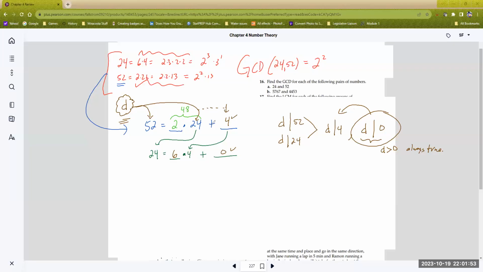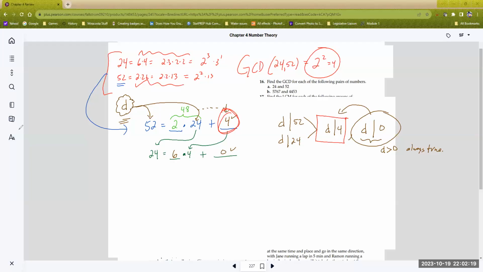This is the first one that may not always be true, but what I need is my number to divide 4, and that is why our common divisor is 4. So really, it's the remaining piece you have left over, the first remainder before 0, and that's how you can find the GCD using the Euclidean algorithm.